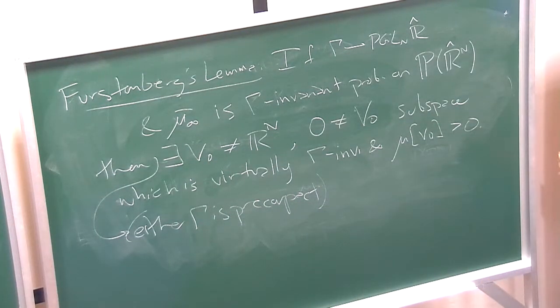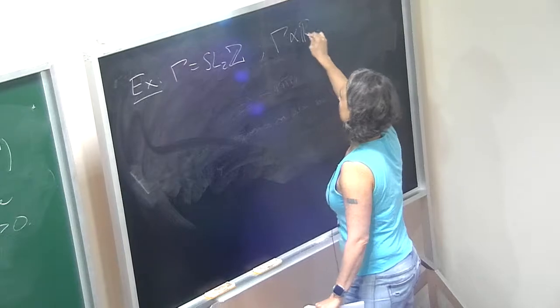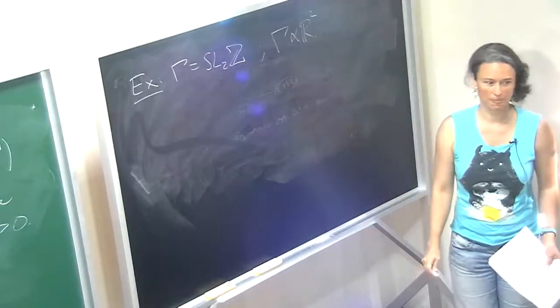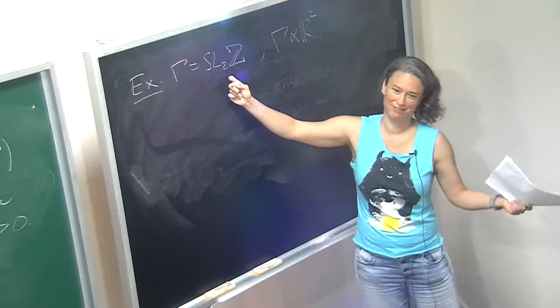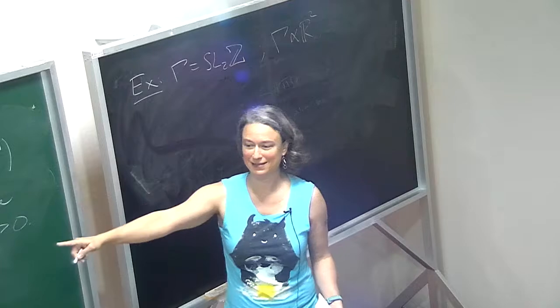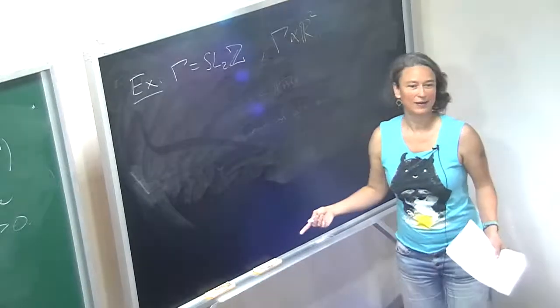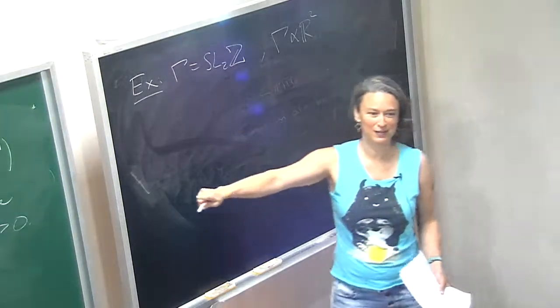Well, let's look at a really simple case. So example, gamma is SL_2(Z), and this is acting on R^2, so I'm looking at gamma semidirect product R^2. Is SL_2(Z) precompact? It's not. Does it have an invariant subspace? It does not. Does it have a finite index subgroup that has an invariant subspace?